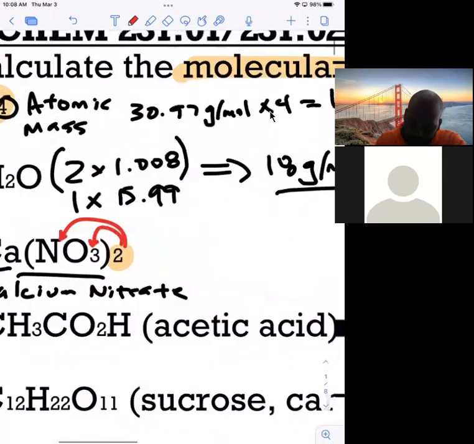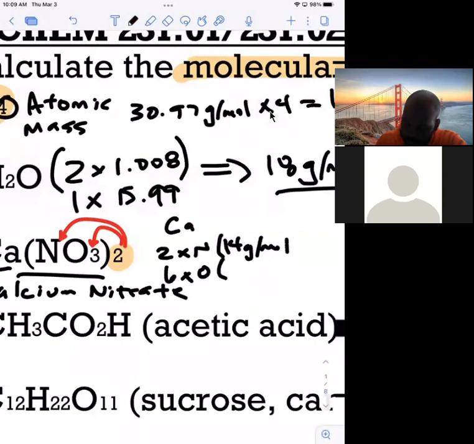So we'll have calcium, and then 2 times nitrogen, which is 14, and 6 times oxygen, which is 16. Let me keep the same number, 15.99.